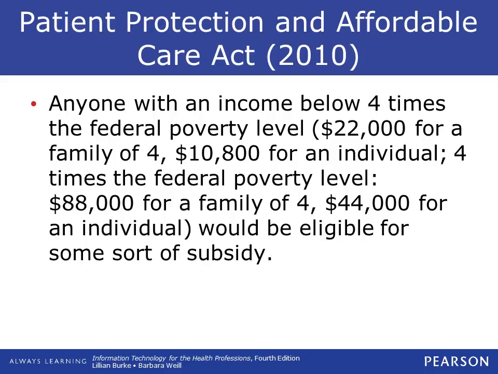This particular slide shows you the requirements to be able to apply for it. Anybody with an income below 4 times the federal poverty level basically qualified. 88,000 for a family of 4, 44,000 for an individual. They also will be eligible for some sort of coverage as well.